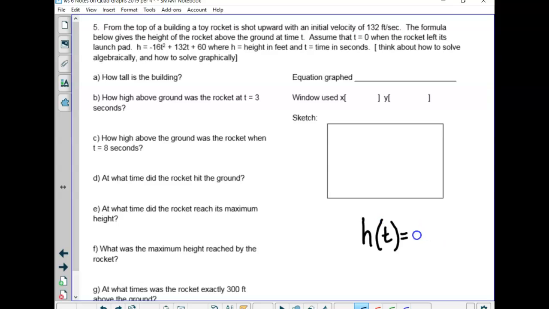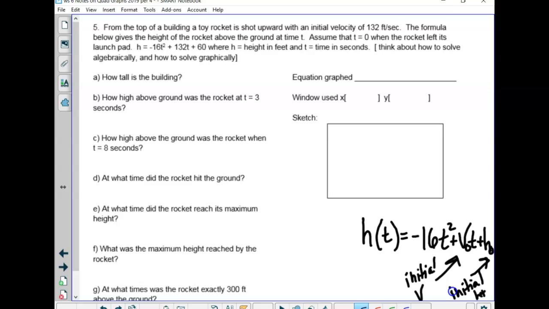As long as our information is in feet per second, we will use a gravity coefficient of negative 16t squared plus v sub 0 times t plus h sub 0. Where this is the initial velocity, and this is the initial height.